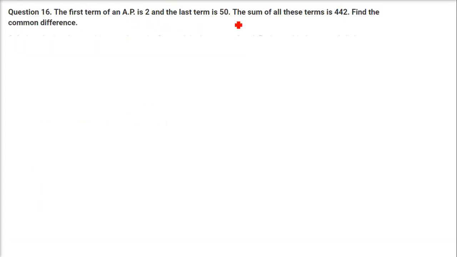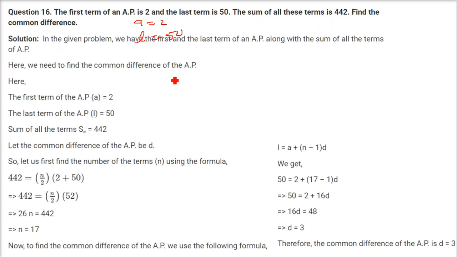The first term of an AP is 2 and the last term is 50. So A is 2 and L is 50. The sum of all these terms is 442. Find the common difference. Here we could directly use the formula, but because A and L are given, we can first find N and then find the common difference. So 442 equals N by 2 times (A plus L).